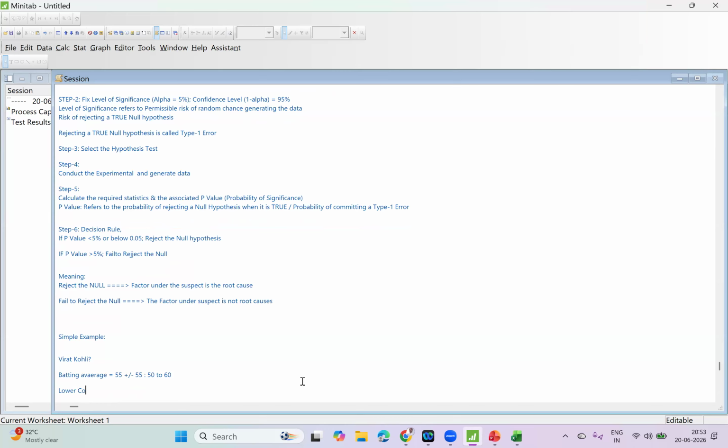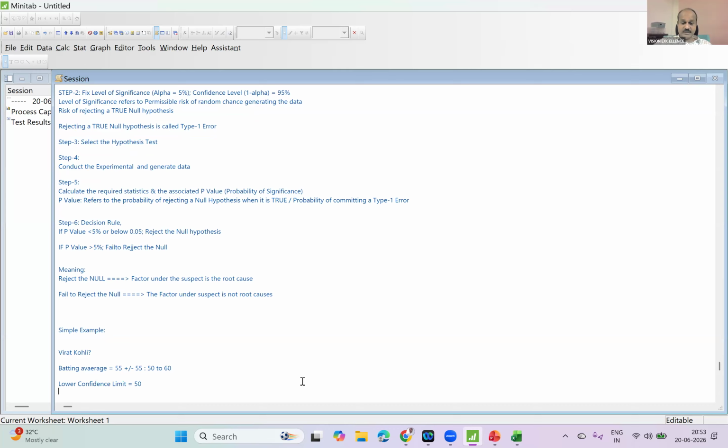So this 95% is known as the confidence level, which means that in 95% of the tournaments he maintained his batting average in this range. That means in 5% of the tournaments his batting average is found outside the range. Correct? The lower limit is called the lower confidence limit, which is 50 in this case.